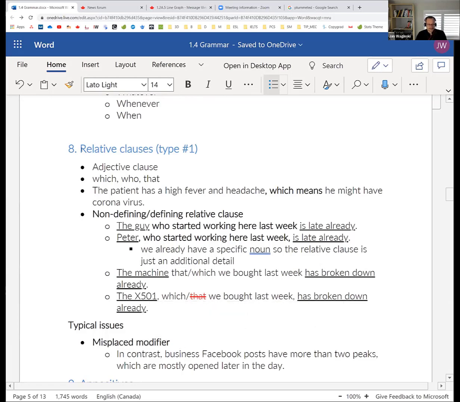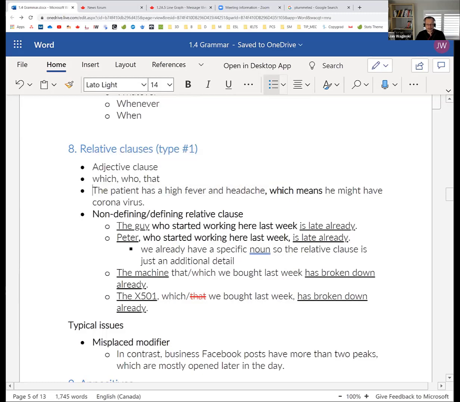Relative clauses need to go right after the thing they're modifying. They can modify the entire sentence, like when you have the example of which means. Which means refers to the idea in the entire independent clause that comes right before. The patient has a high fever and headache.